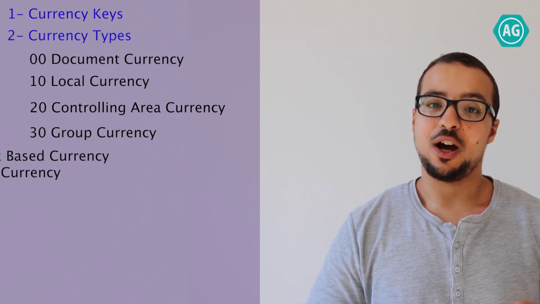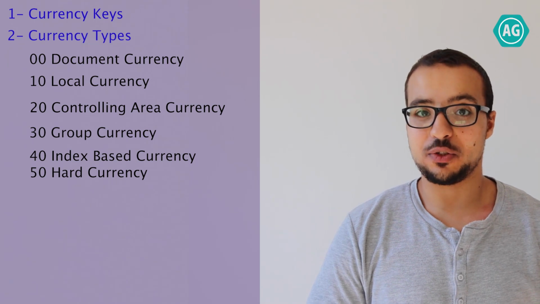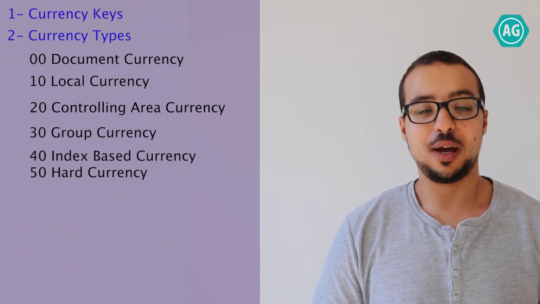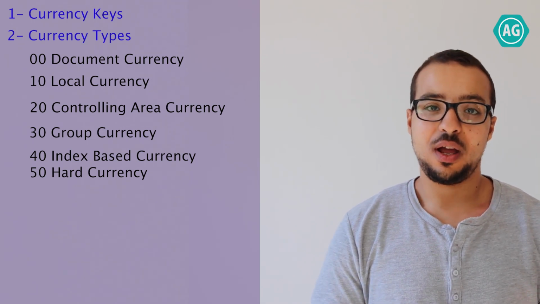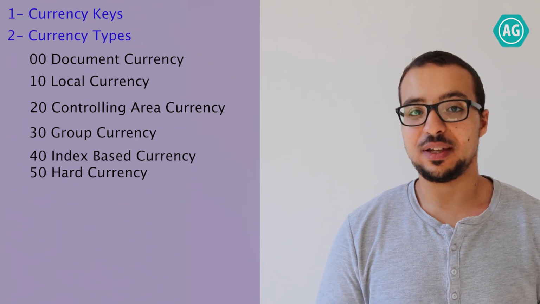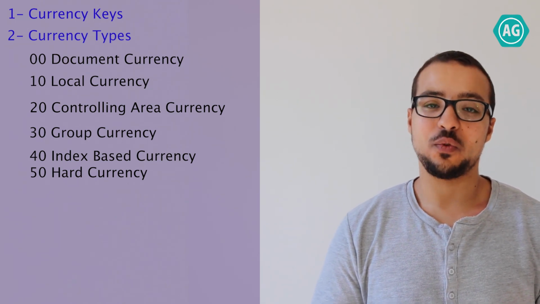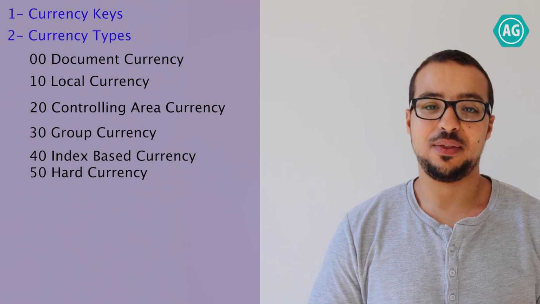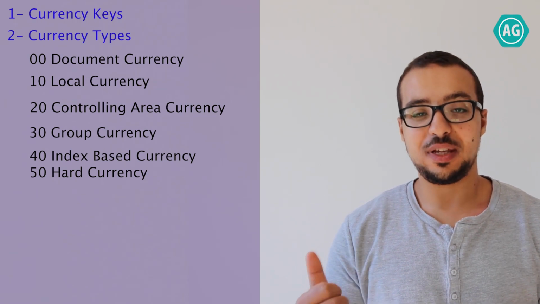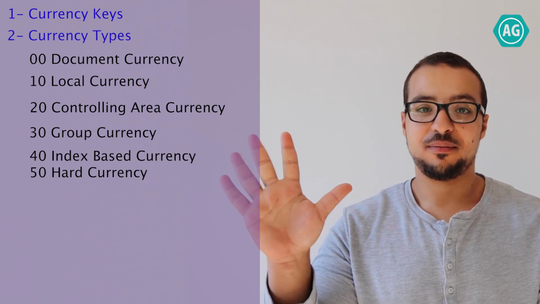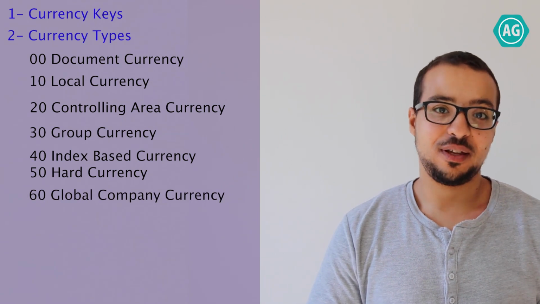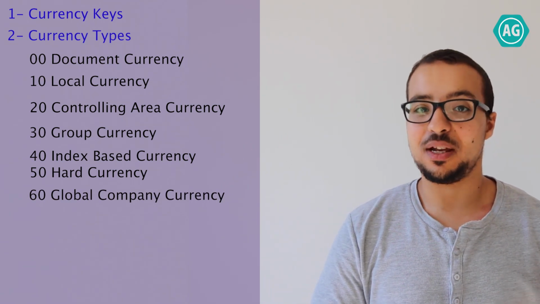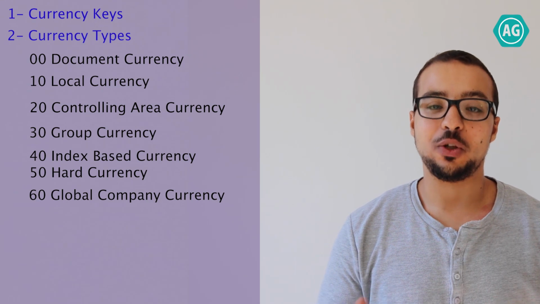Number 5, hard currency and index-based currency. These are 2 currency types maintained on the country level, and they are mainly used for countries that have high inflation rates or very low currency value. And these are currency type 40 and 50. Number 6, the global company currency. This is maintained on the company level, and this is the consolidation currency.